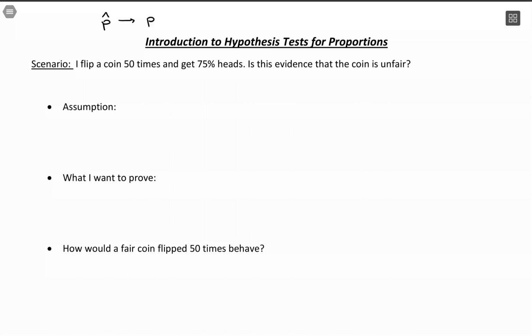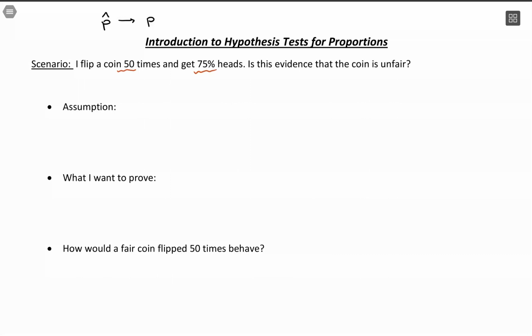So with this, I'm going to introduce us with a fairly simple scenario of just flipping a coin. When we flip a coin, we assume it's 50-50, so 50% chance of heads, 50% chance of tails. What if I flipped my coin 50 times and I saw 75% heads? That seems like a very large percentage of heads.